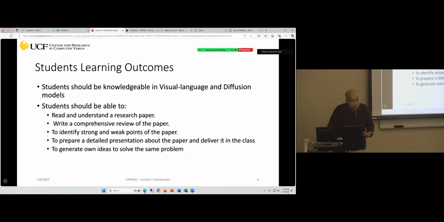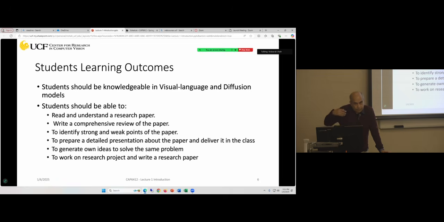You have to do your own research, which means you have to say, well, okay, this is a solution for this problem in this paper, but can I do better? What are the weaknesses of the particular approach, and then generate new ideas, and then ultimately you want to write a research paper.